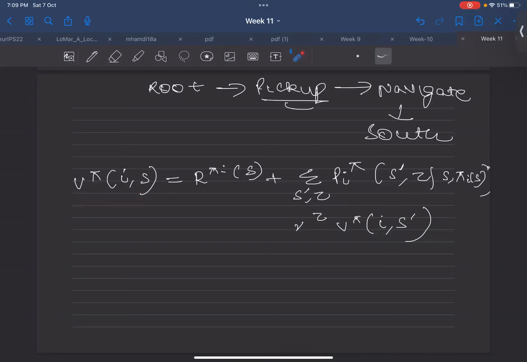I first pick up the cost or reward corresponding to the first action, that is R pi of i, s. Here I am assuming, as you also mentioned, that pi is deterministic. That is why the summation over actions is missing.